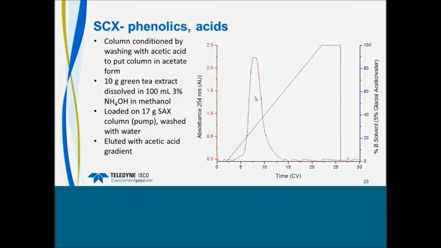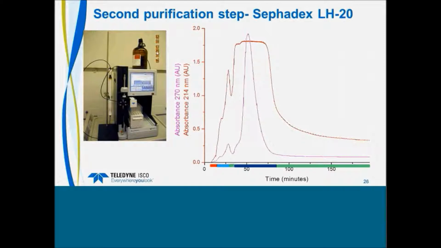This mixture was then run on a Sephadex LH20 column. I used a column adapter to hook up the Sephadex column to my CombiFlash. I was able then to use my fraction collector and my UV detector to cut the peaks.